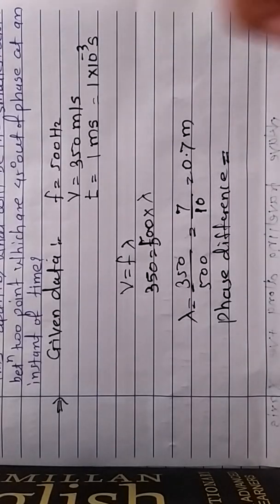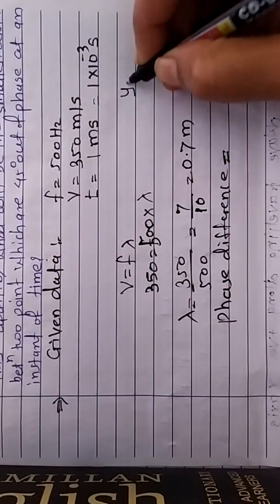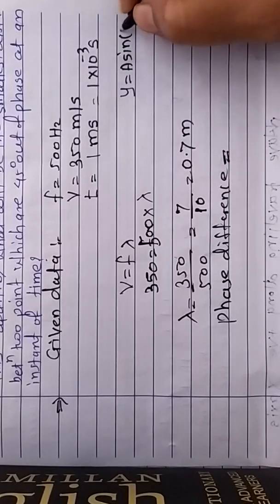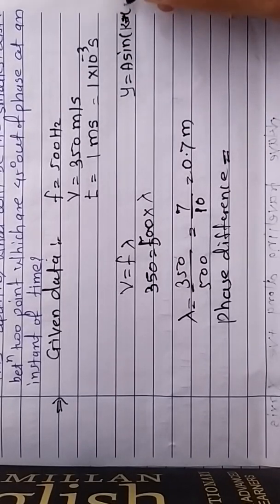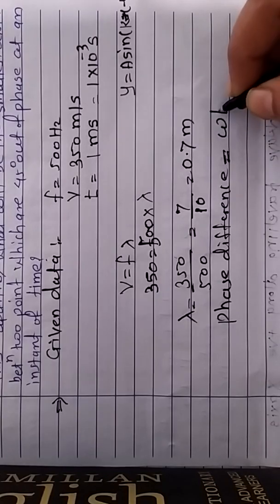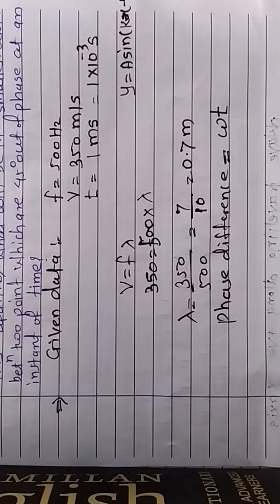The given wave equation is y is equal to a sine (kx minus omega t). The phase difference is denoted by omega t. Phase difference is equal to omega into t.